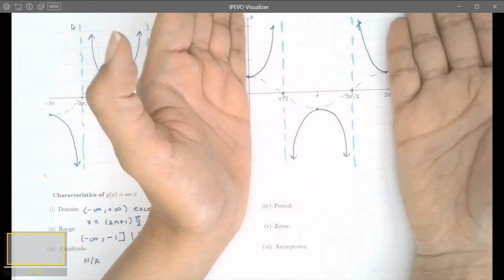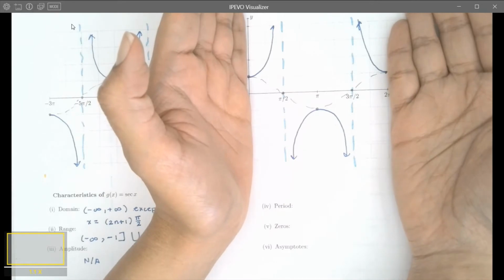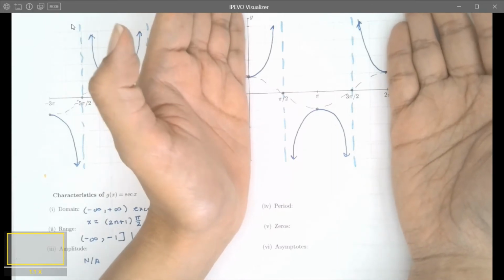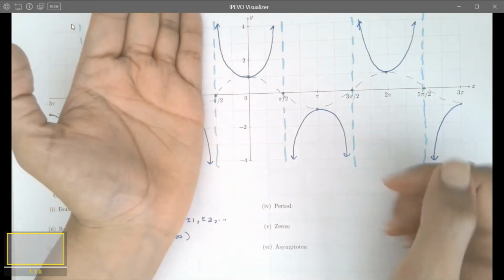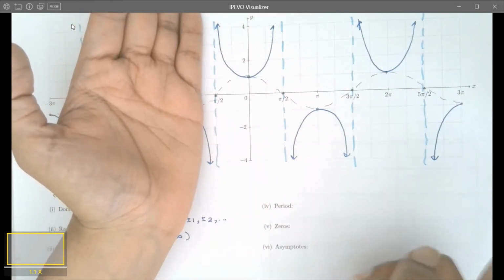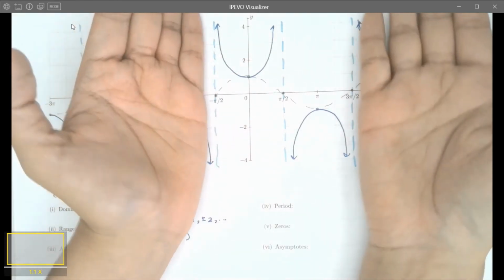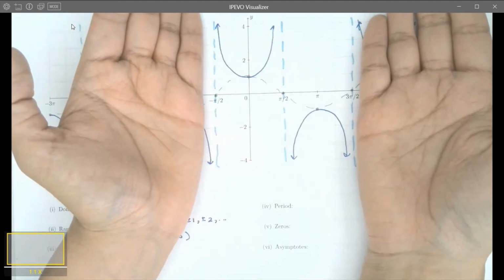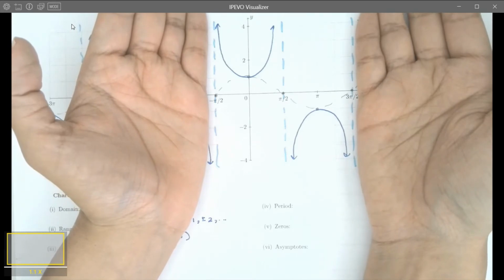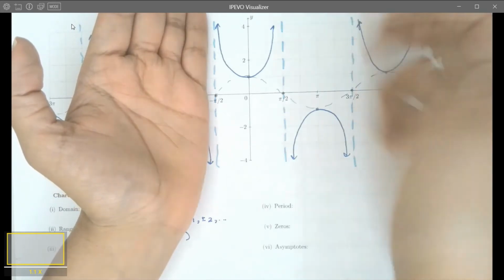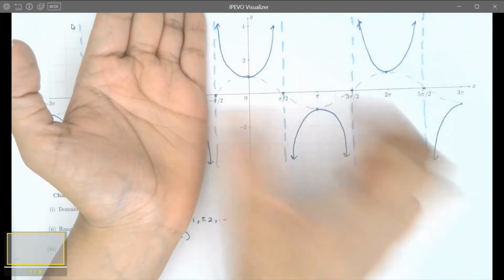So we start seeing a repetition after 2 pi. Now, if that's a little difficult to see, you can instead consider two whole parabolas. I could consider the interval between negative pi over 2 and 3 pi over 2, and then see what the distance would be between those two numbers.